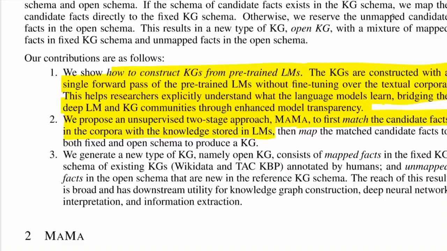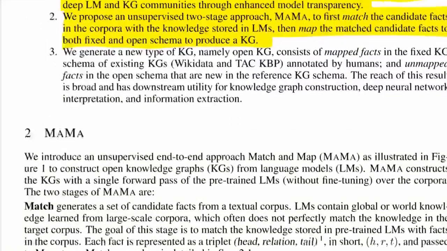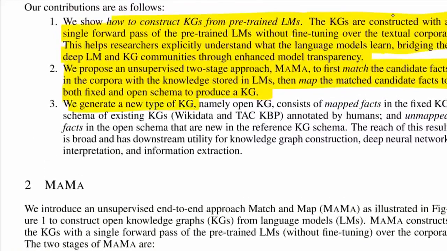That's the first step we looked at. Then map the matched candidate facts to both fixed and open schema to produce a knowledge graph. And then they say they produce a new type of knowledge graph, which simply is the facts, sometimes the facts they extract, they can't really map to a schema entry. And we're going to look at that because I think a bit critically of this.